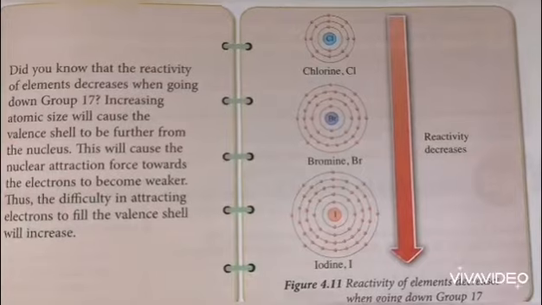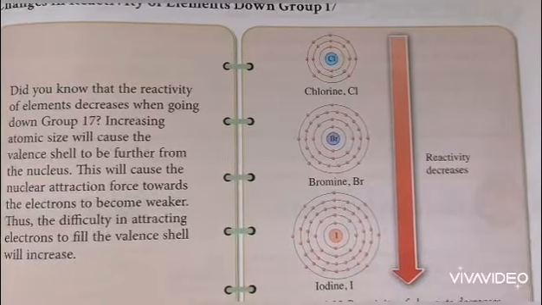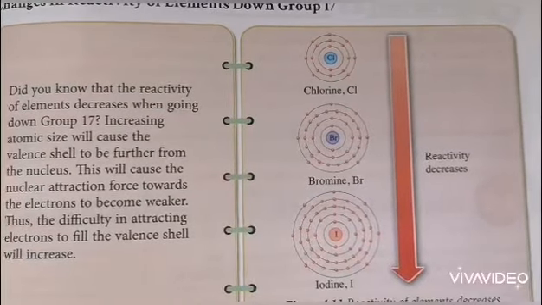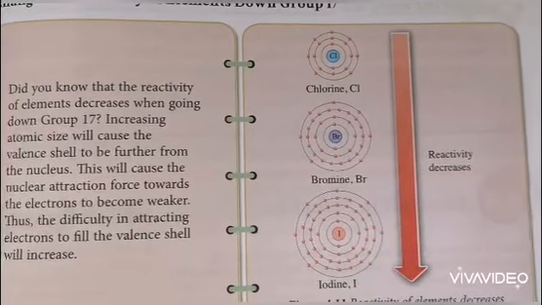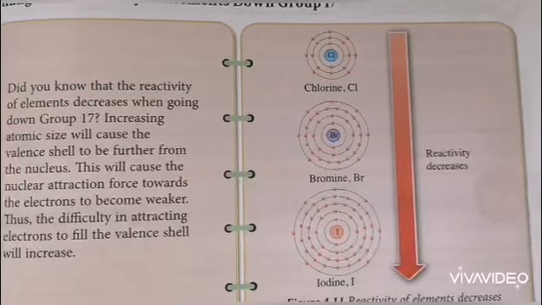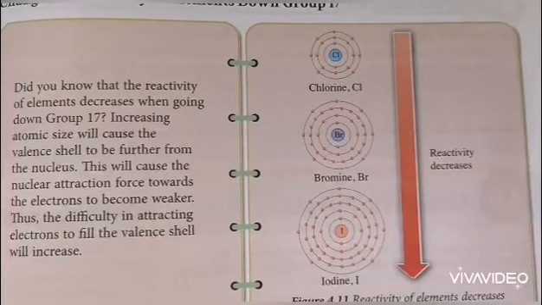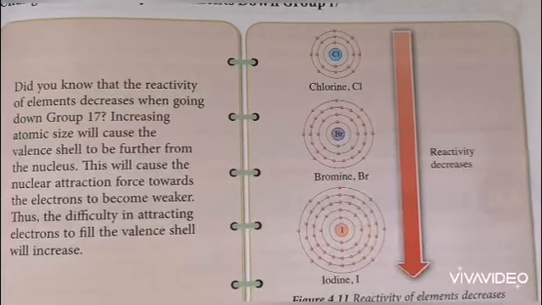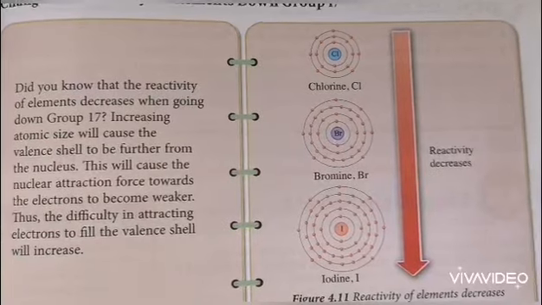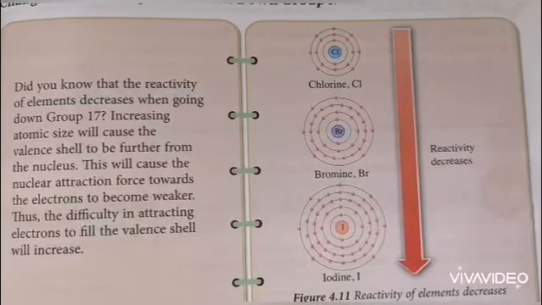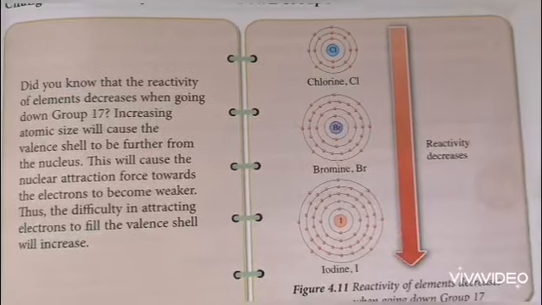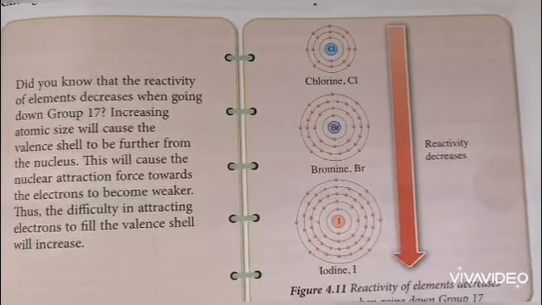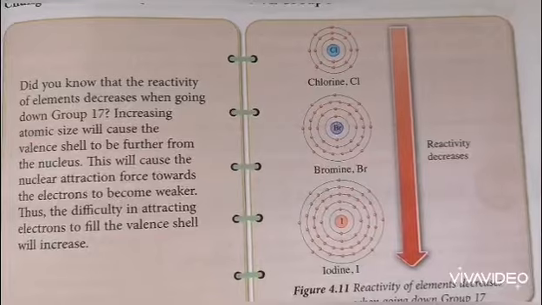When going down group 17, the size of chlorine atom is small. Go down to bromine atom, the size of bromine atom is bigger compared to chlorine atom. And the size of iodine atom is much bigger compared to chlorine atom and bromine atom.